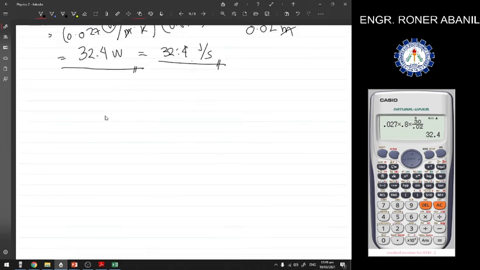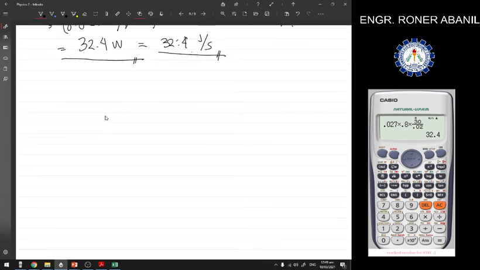Sa M naman, ang gagamitin nating formula is yung Q. So, dito, the total heat flow is Q equals HT.